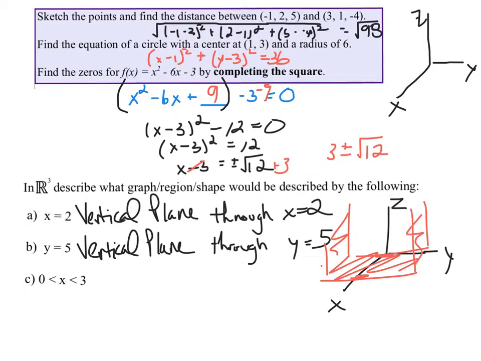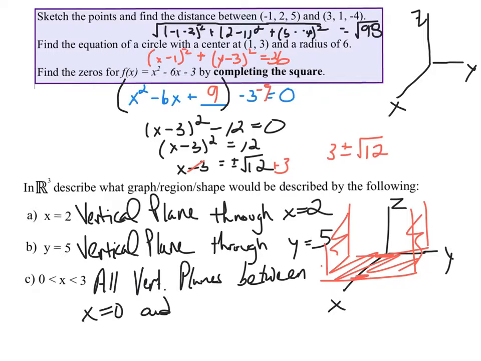So we say it's a huge volume, or all of the vertical planes between x equals 0 and x equals 3. Or if you want to say the huge block, the volume there between that, that would be acceptable as well.